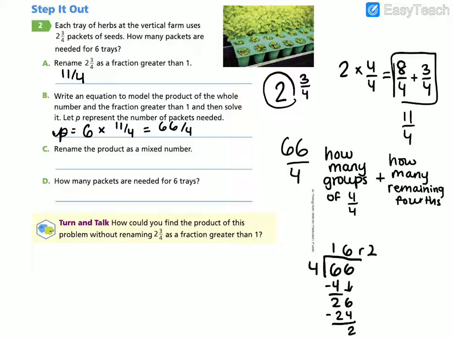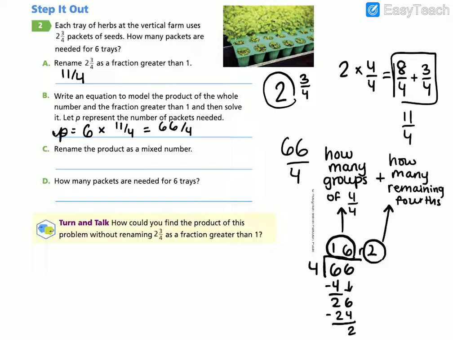When I divided 66 divided by 4, I got 16 with a remainder of 2. This 16 tells me how many groups of 4 fourths. This 2 tells me how many remaining fourths.